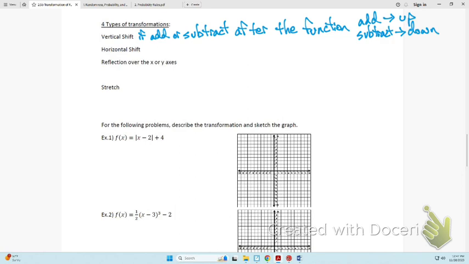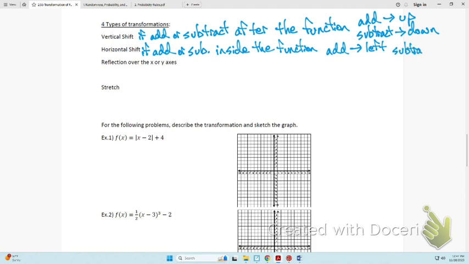If you add or subtract inside the function, it moves it horizontally. If you add, remember it goes in reverse. It goes left. If you subtract, it goes right. So it's backwards thinking on that.